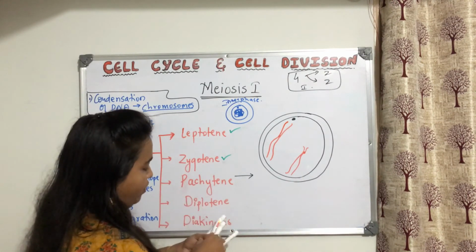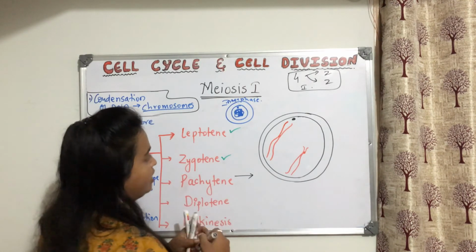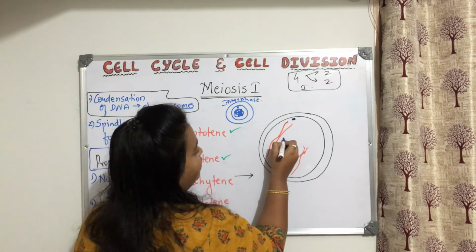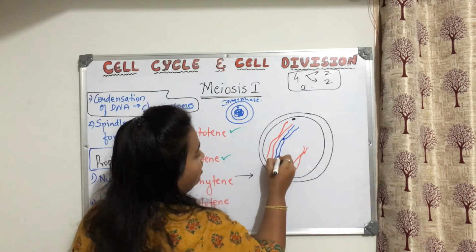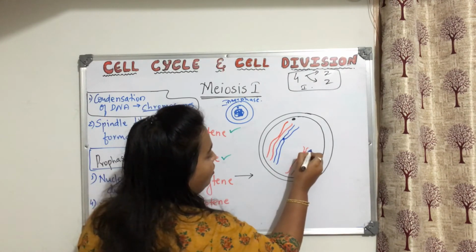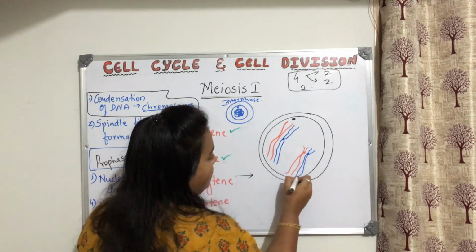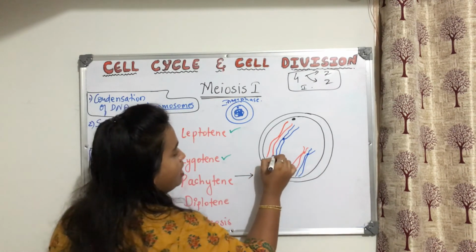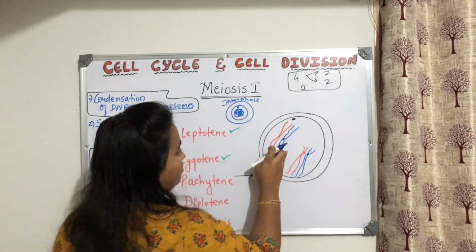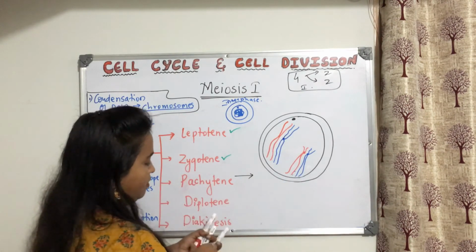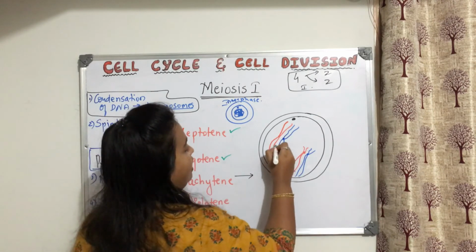Which color I had used, I forgot, only blue I guess. Okay, they are together. Why are they together? Because of the synaptonemal complex, right? Let us consider the synaptonemal complex in green.